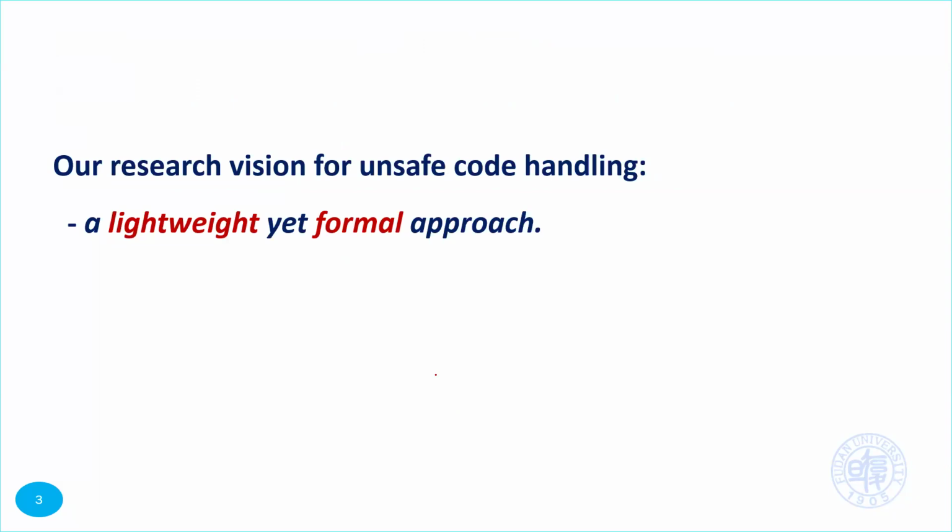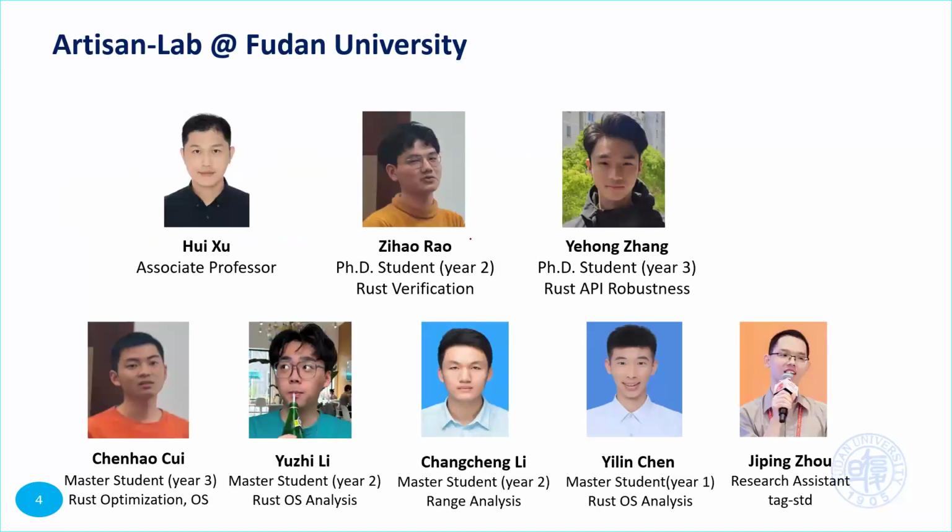However, formal verification is generally heavy because it requires annotating the contract. So our research vision is a lightweight yet formal approach. We have a group that works on the project, including 2 PhD students and several master students.